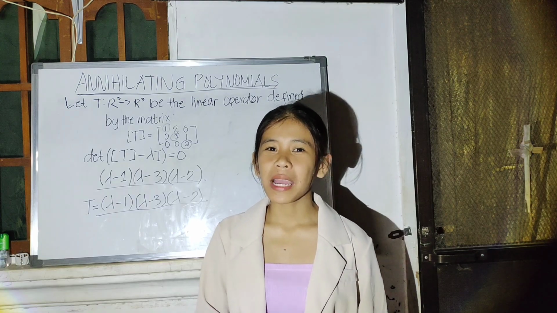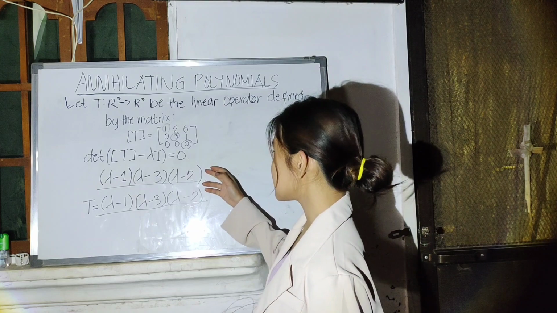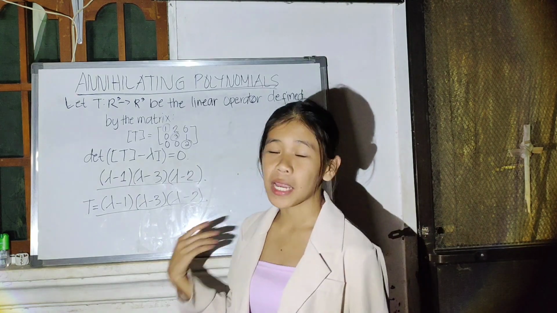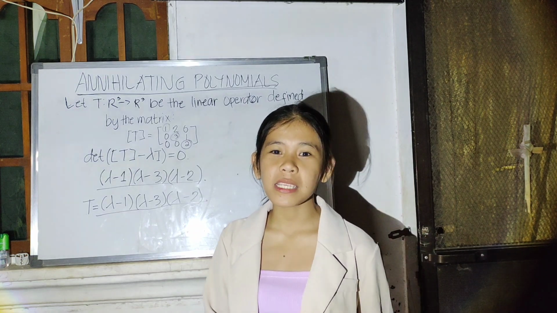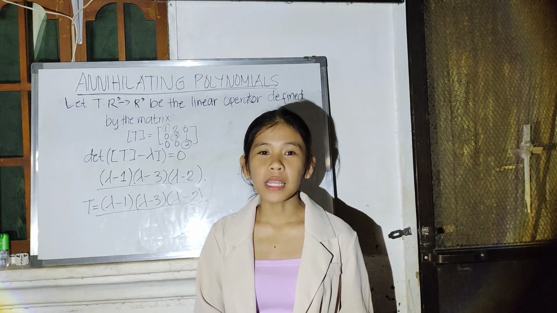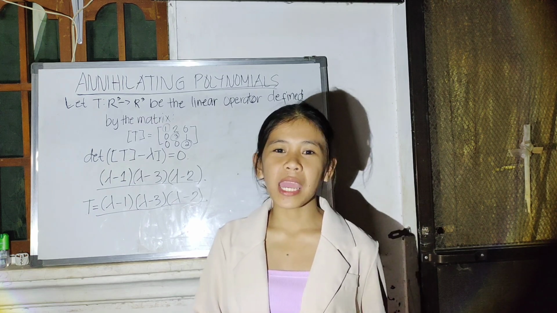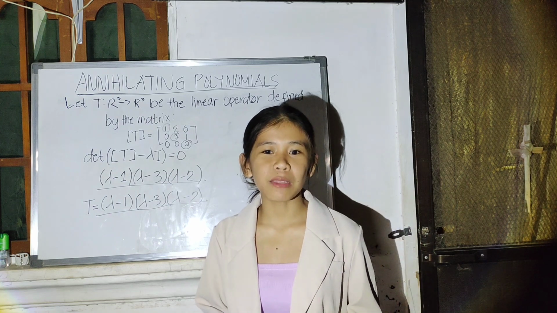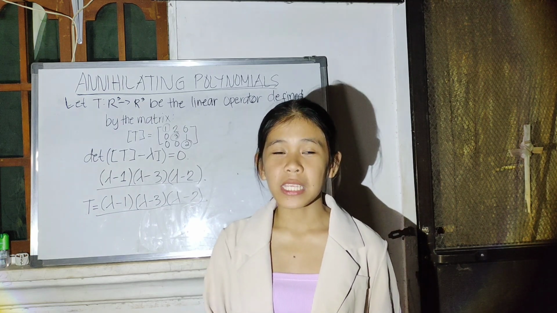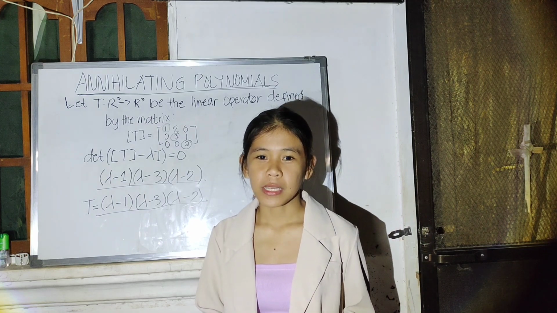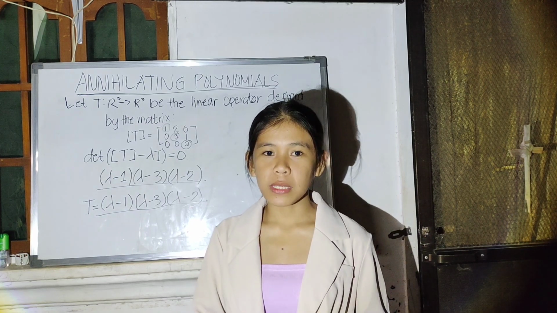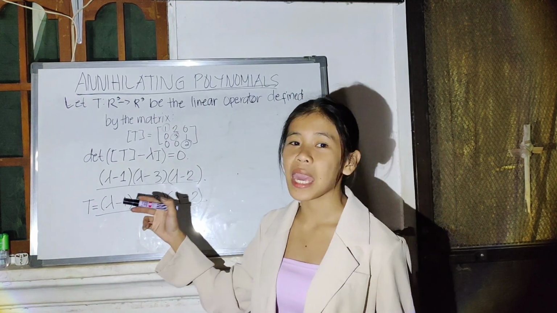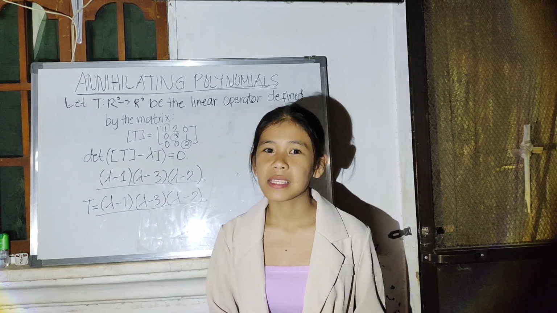Kung nagtataka kayo kung bakit the same lang yung answer ng characteristic at ang minimal polynomials natin, it is because when factoring the characteristic and the minimal polynomials, we are using irreducible factorization. When we say irreducible factorization, it is a result that cannot be reduced into factors containing only real numbers. Yun yung ginamit natin dito sa characteristic and minimal polynomials natin.